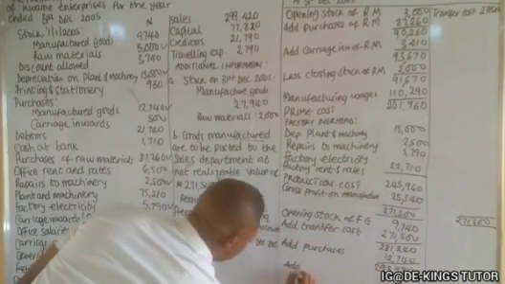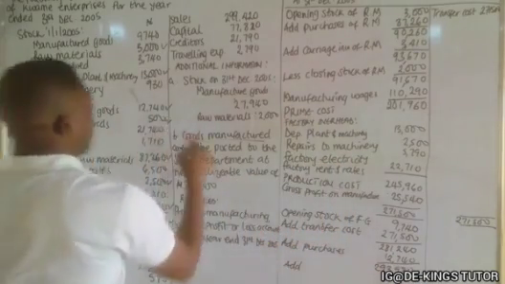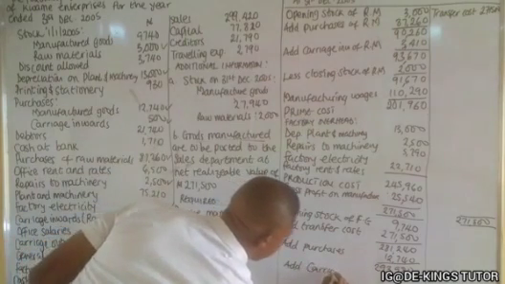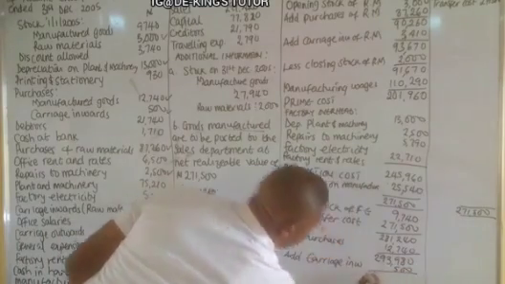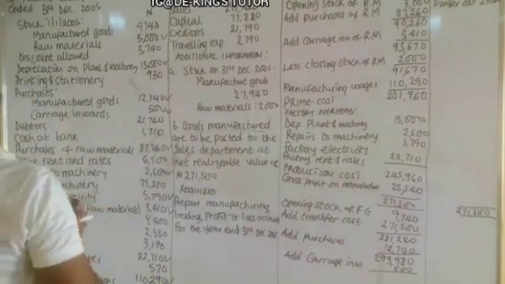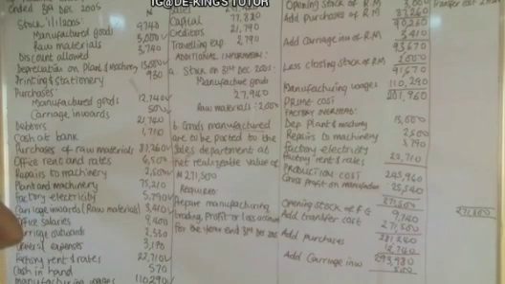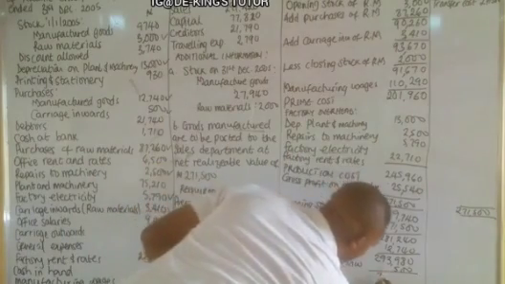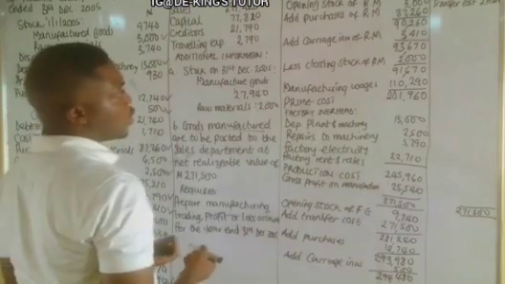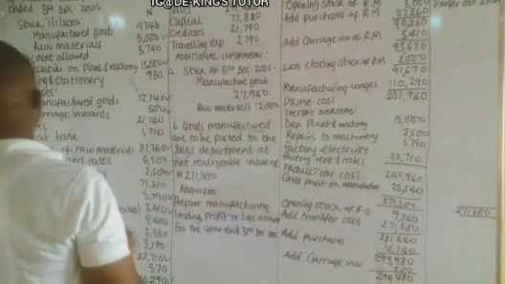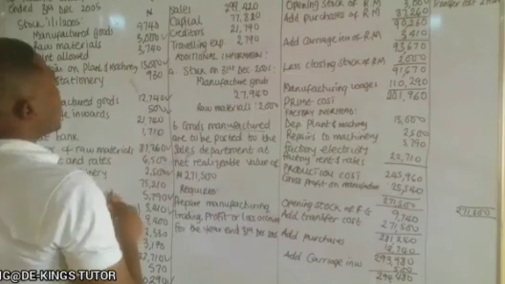So also add carriage inwards of 500. So plus 500, it will give us 294,480. Okay, that is 294,480. So we're supposed to less closing stock.